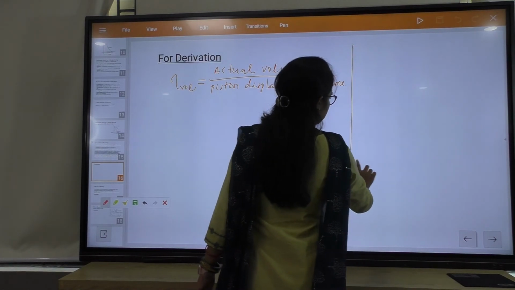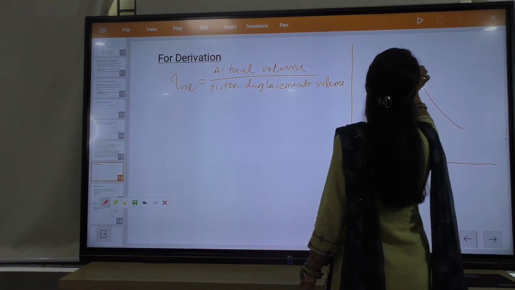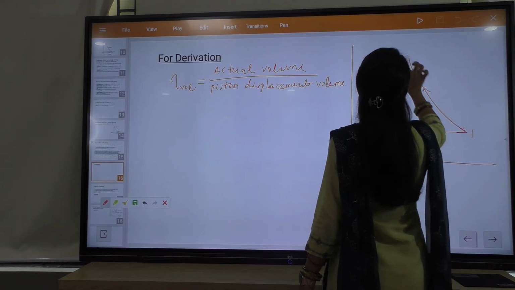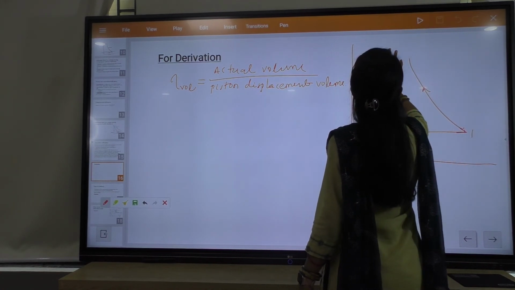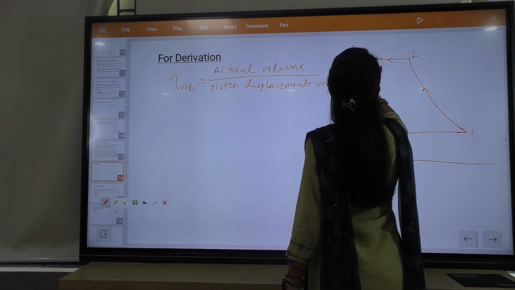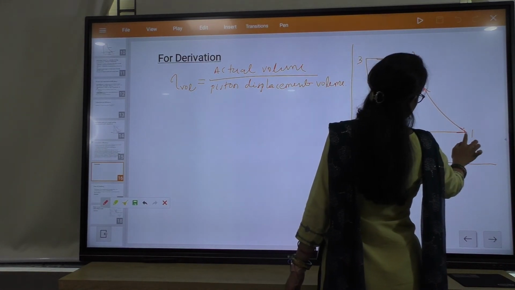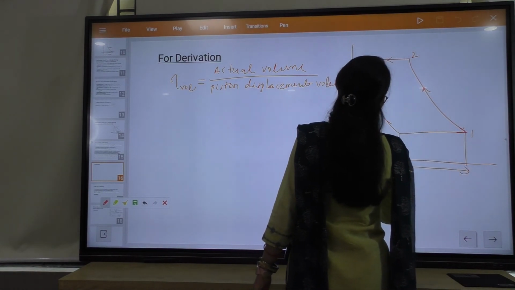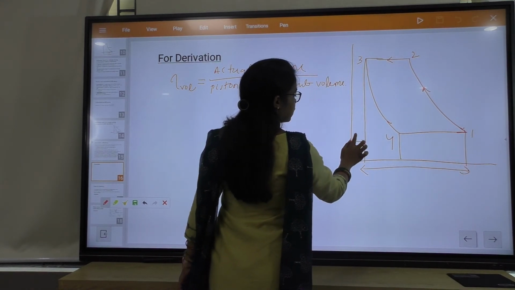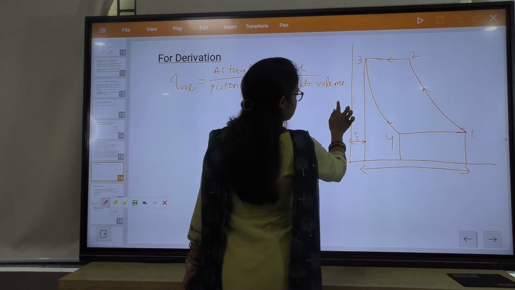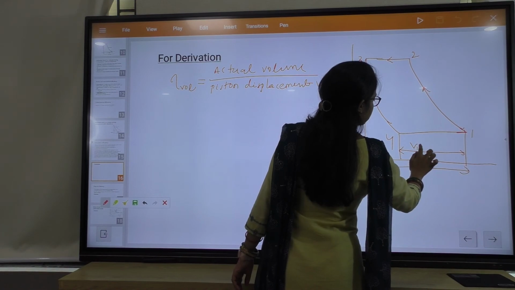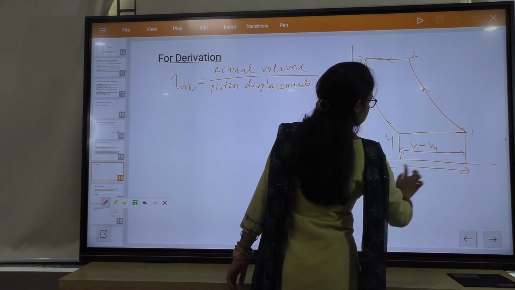If I draw the graph like this, this amount of volume is called the clearance volume, on P and V axes, and this is the effective swept volume, that is V1 minus V4, and this is the piston displacement volume, that is V1 minus V3.